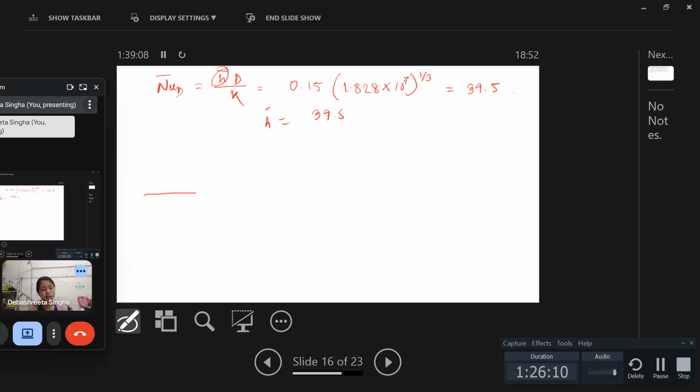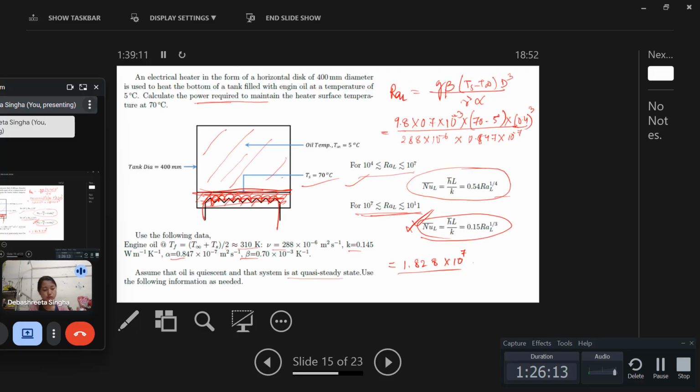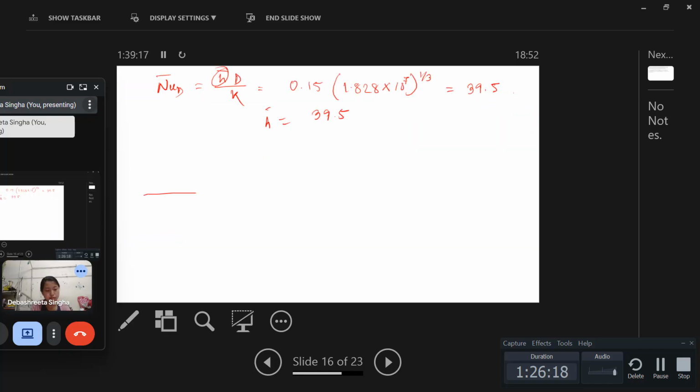H will be 39.5 into K. How much was K? 0.145, divided by D. That means 0.4. So how much does it come to? It comes out to be 39.5 into 0.145 divided by 0.4.